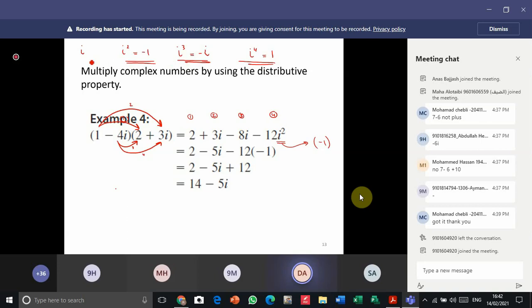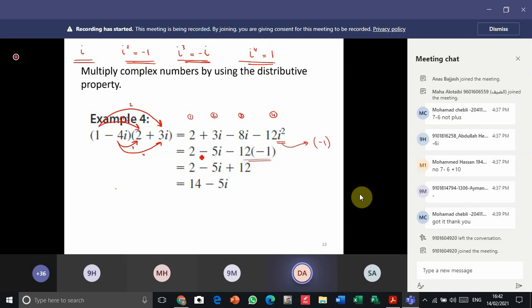Why? Because we need to remove i square and put negative 1. We need to remove i to the power 3 and put negative i. Remove i to the power 4 and replace with 1. So i square equals negative 1. Look at this.